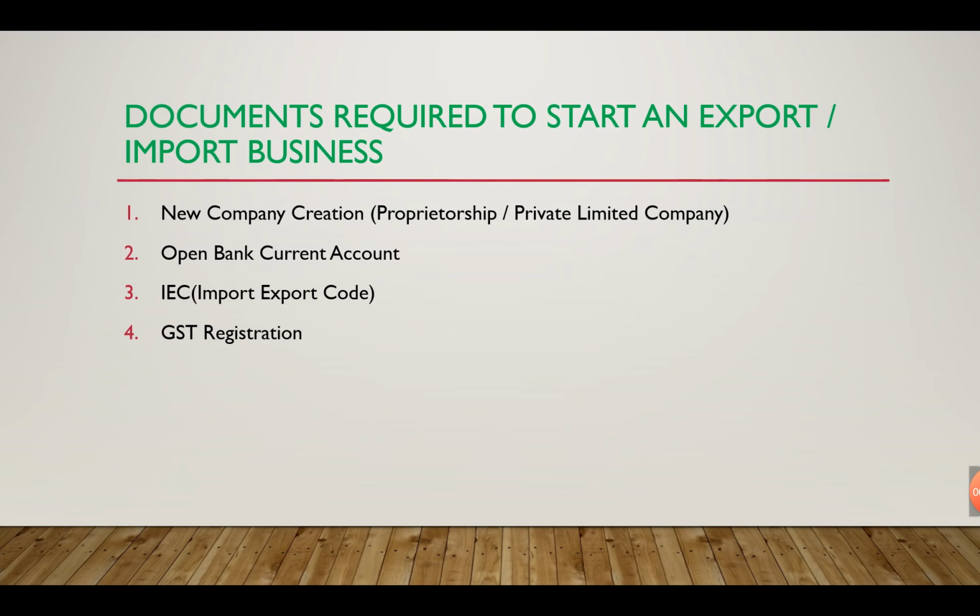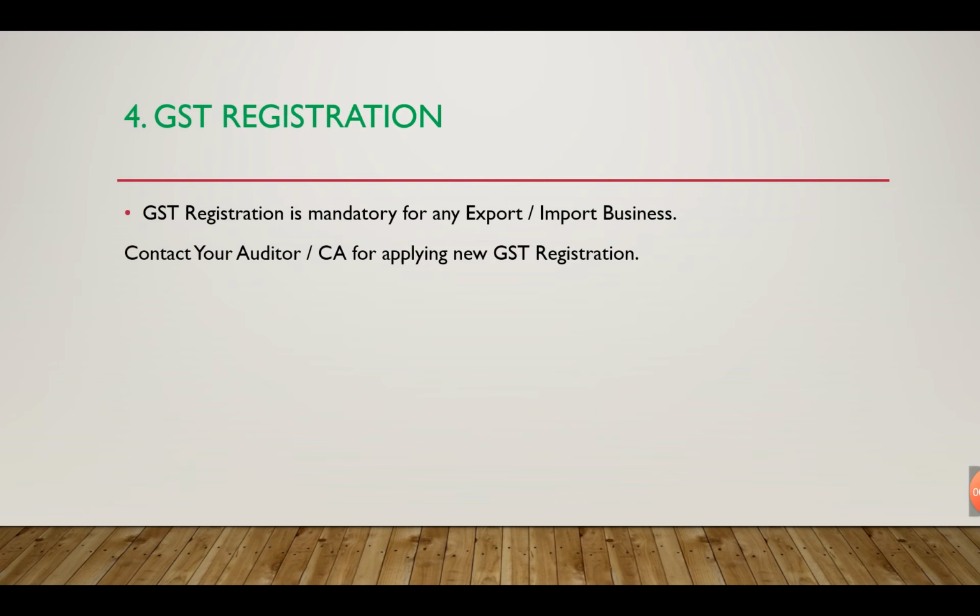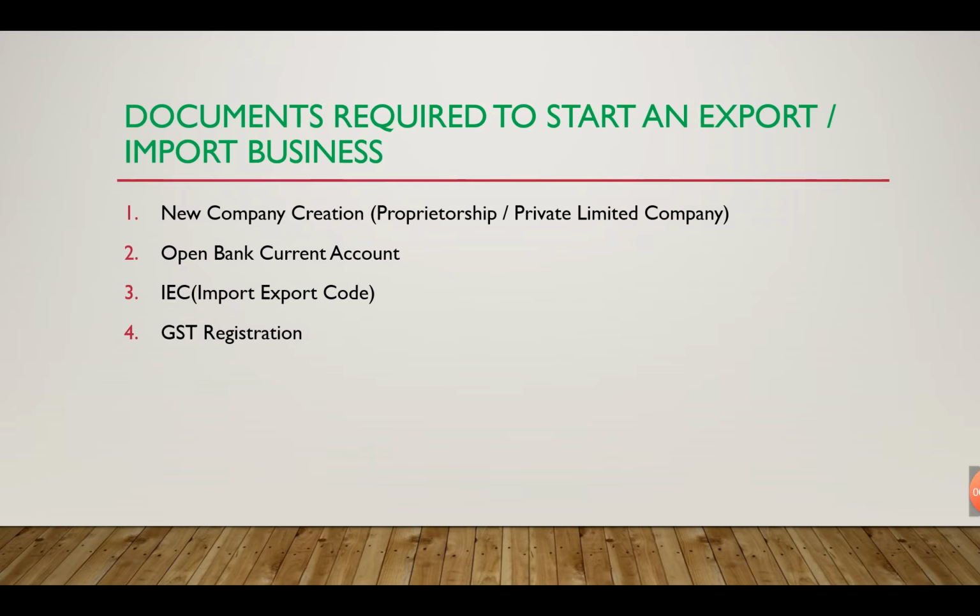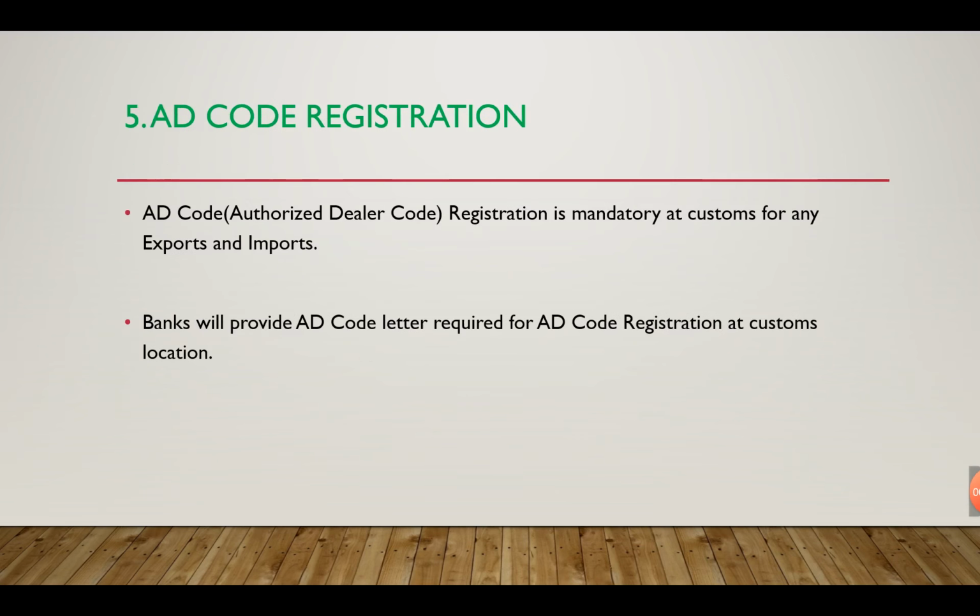And the next one is the GST registration. GST is also mandatory for any export import business. You can contact your auditor or chartered accountant for applying for a new GST registration. And after GST, AD code registration at customs. AD code is nothing but an authorized dealer code.